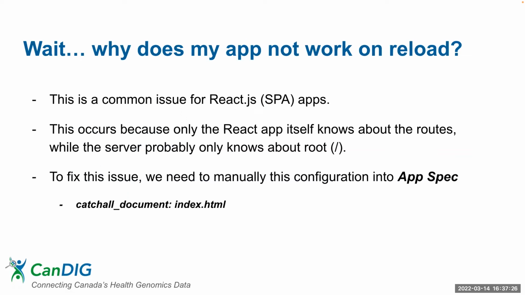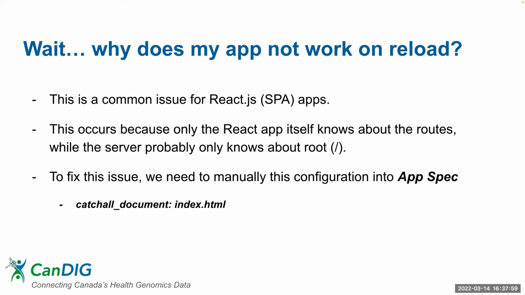Since we're here, I thought I would quickly talk about one of the most common issues during the deployment process, and there are actually lots of posts about this on the internet. People ask about why their apps stop working at reload. It's not just specific to DigitalOcean. When people deploy on premise, it does happen as well.